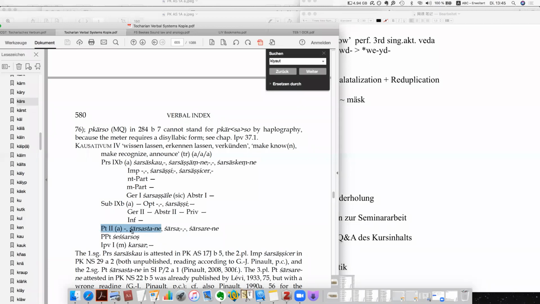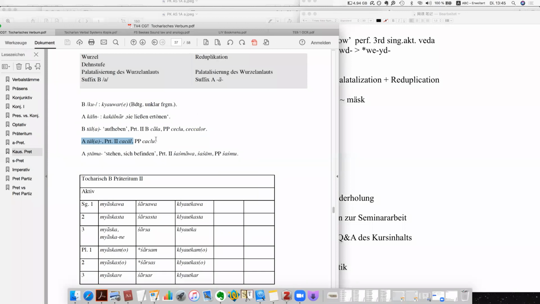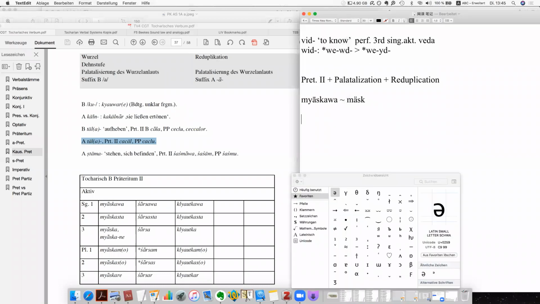So you have actually palatalization right here. And also check the Tocharian A form, right? So Tocharian A form called ter. So B called curse, right? And the preterite called sasta.